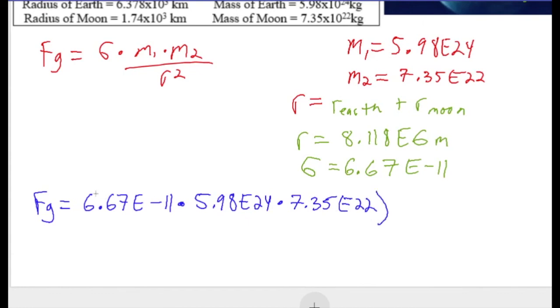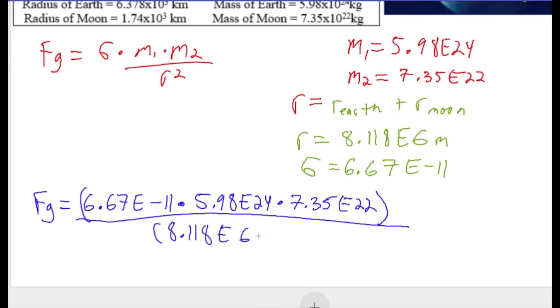Let's put parentheses around the entire top part of our fraction, divided by r squared. Well, r we said is 8.118 e to the 6 squared. Now we just plug that into our calculator and it spits out our answer. We find out that the force of gravity between the moon and the Earth, assuming that they're about to crash into each other, is going to be 4.45 e to the 23rd newtons.